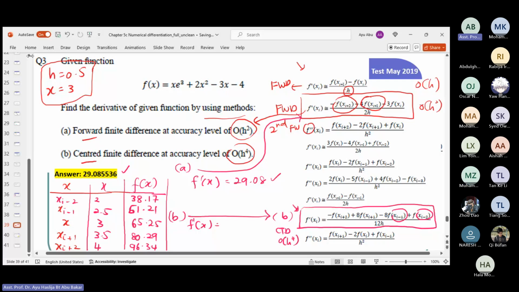Okay, 5.1. Okay, the rest please check. So your b, first derivative for b, you get the same.